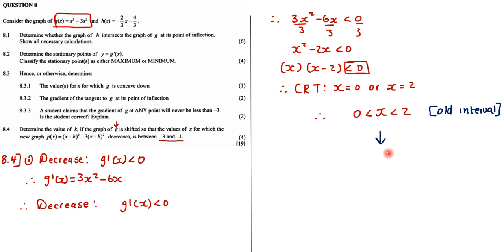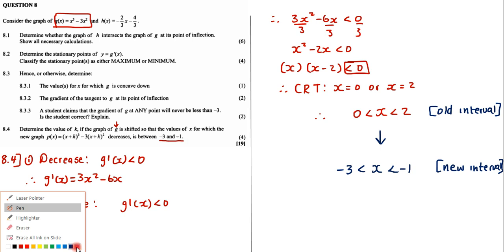After the graph was shifted, it got a new interval, and that interval was -3 to -1. The question they're asking us is, what was the value of k that shifted this graph so that it moved from 0 to -3 and 2 to -1?